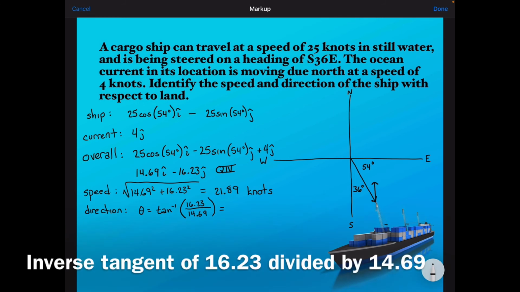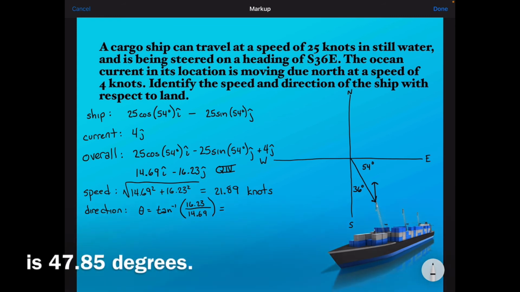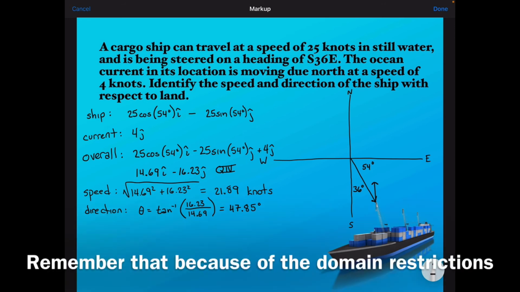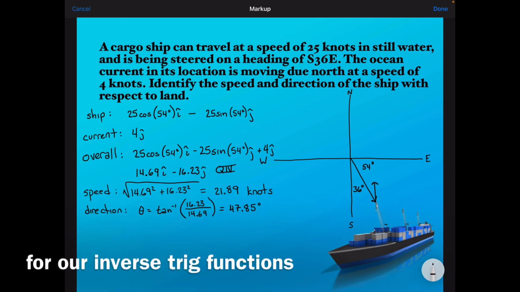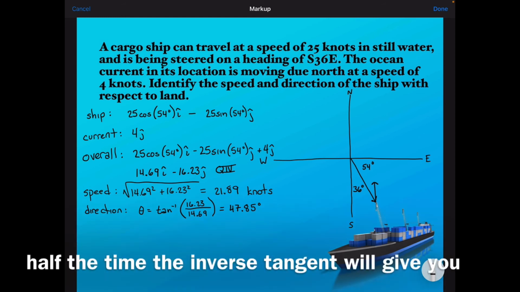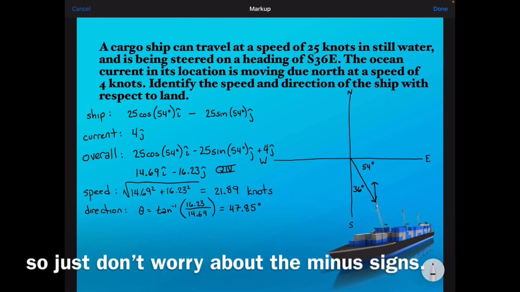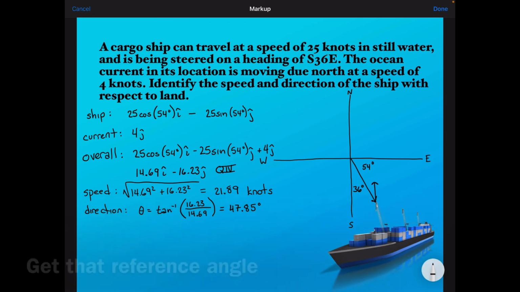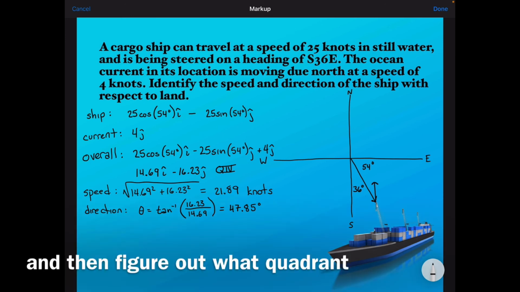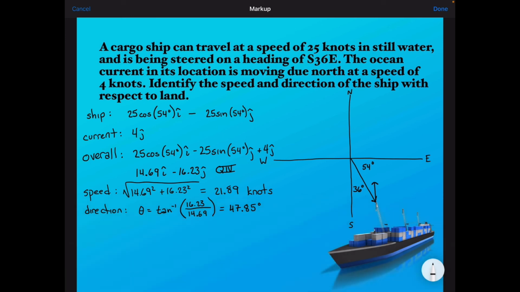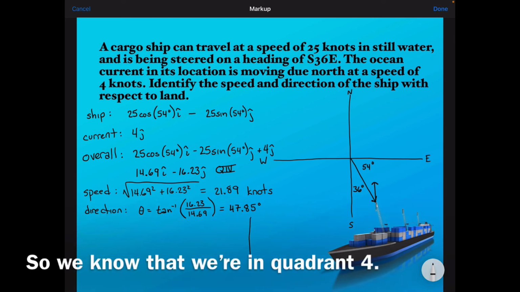Inverse tangent of 16.23 divided by 14.69 is 47.85 degrees. Remember that because of the domain restrictions for our inverse trig functions, half the time the inverse tangent will give you an angle in the wrong quadrant anyway. So just don't worry about the minus signs, get that reference angle, and then figure out what quadrant you need to be in, because you'll have to do that anyway. So we know that we're in quadrant 4.